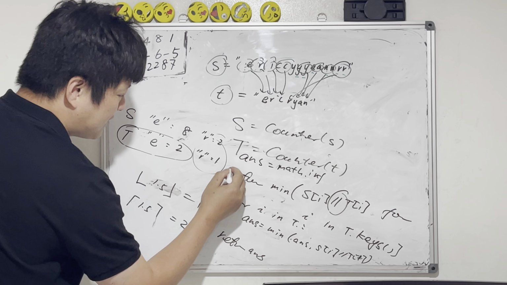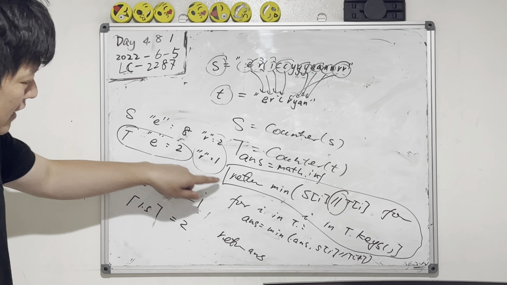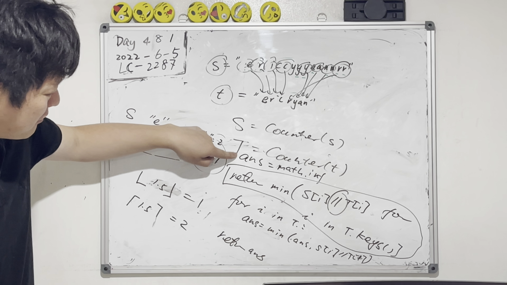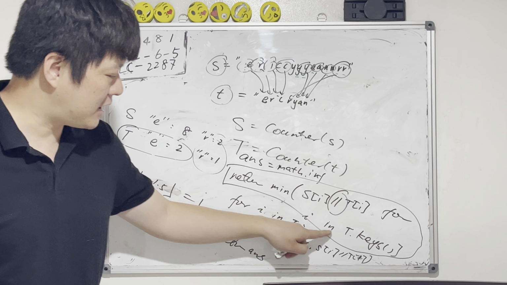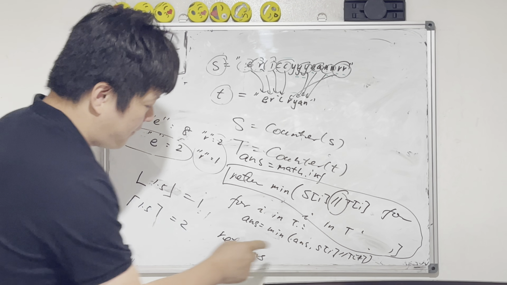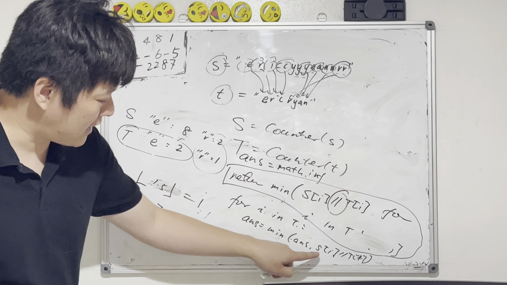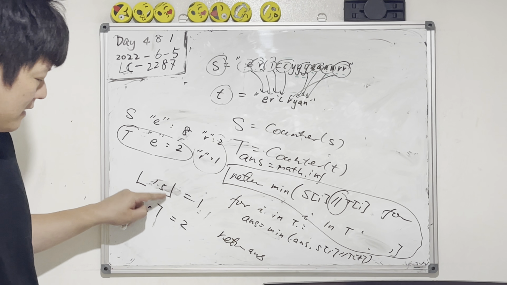So basically this line is a one line thing. If you don't want to write this one line, you can use answer equals math dot infinity, and we go through the keys. For I in T dot keys is actually the same as for I in T, okay? Answer equals min of answer and SI divided by TI, taking the floor part, okay?